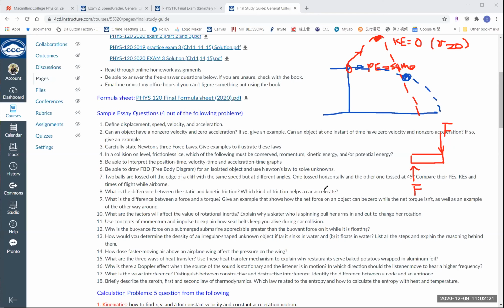And the weight of the submarine when it is afloat is not the density of the water times the volume, it is the density of the submarine times the volume. So the density of the submarine certainly is larger than the density of the water, so that will make a difference.